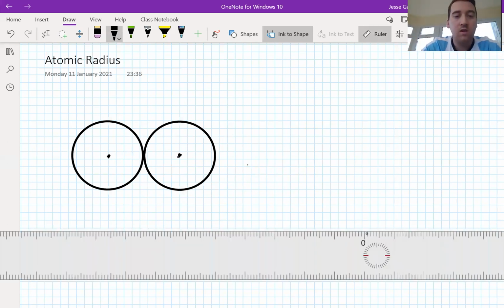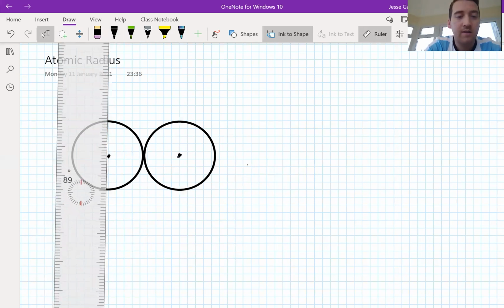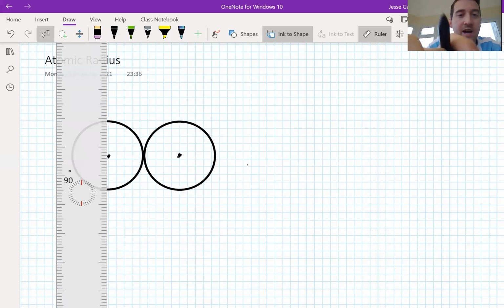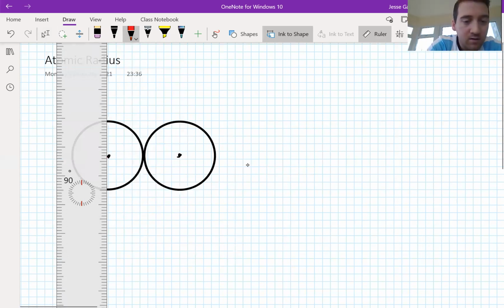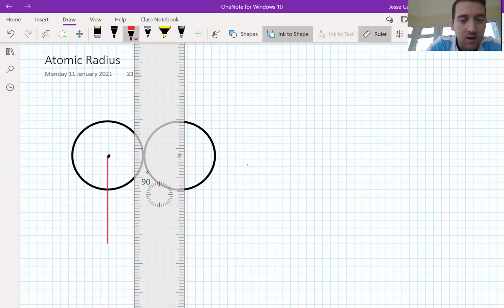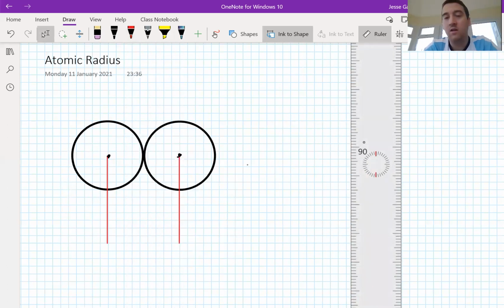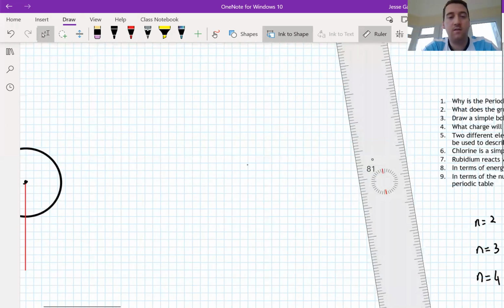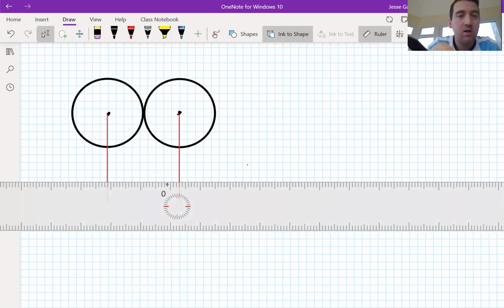So basically what we're talking about here is we're going to take the gap between this nucleus and this nucleus like that, and we're going to measure the distance between them.